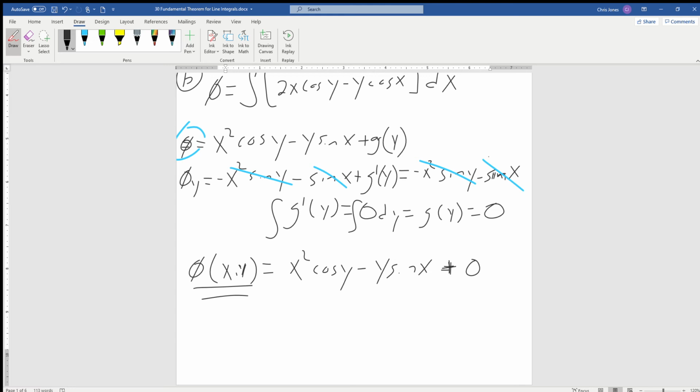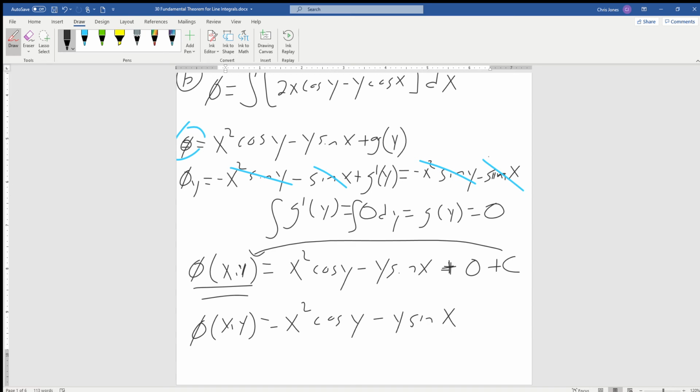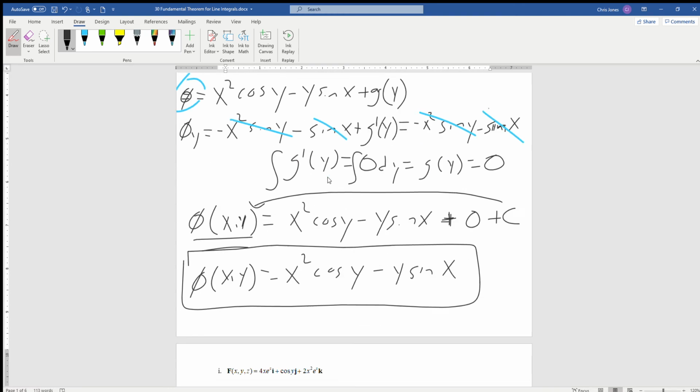So if we were to meld that constant, let's just call it plus c, we can actually meld c back into that phi of x, y, and that would just kind of go away. So phi of x, y is going to be equal to x squared cos y minus y sine x. And of course, just like we did in the previous example, if you don't trust your solution, maybe find the partials, and then see if those partials equal the coefficients of i and j respectively.